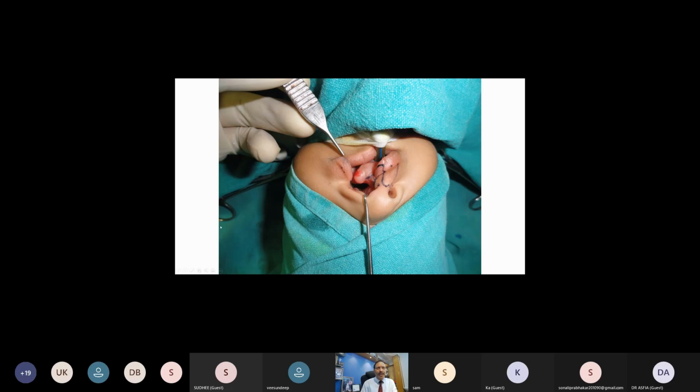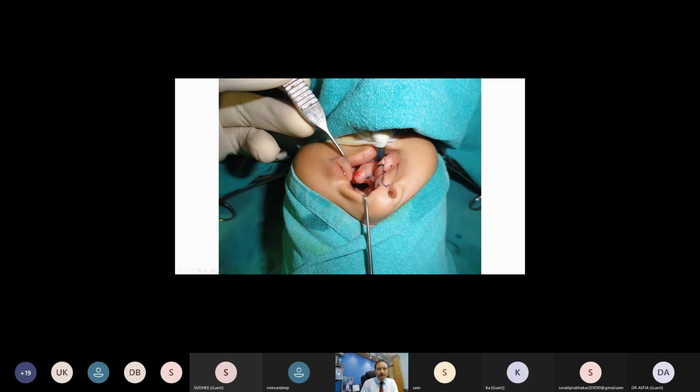So where to take the corresponding point of the highest point of the Cupid's bow? Now you can see this vermilion border or white roll is coming right up to this place, but here it is turning its direction upwards.